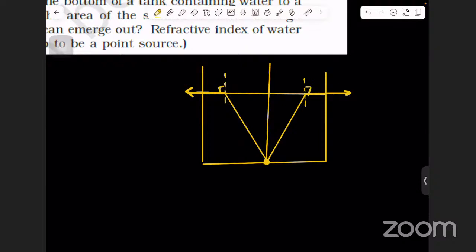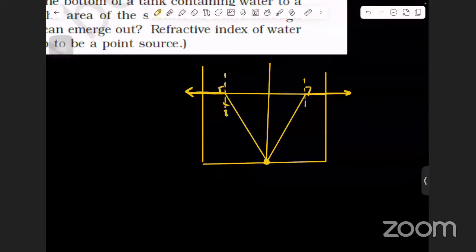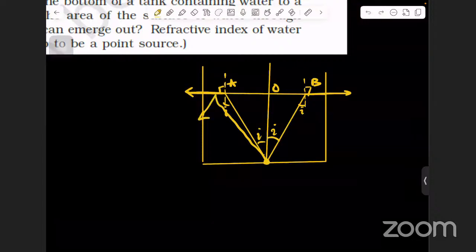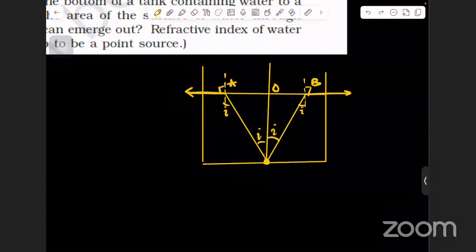This is I. So this is I. Let's say this point O, this is A, this is B. Beyond this, if any ray goes, then it will get TIR, right? Internally reflected. So I'm not bothered about those rays. Now, this part is forming the circle if viewed from above. So we need to find the area or the radius of the circle, which is OA or OB, any one. This is the radius of the circle, right?